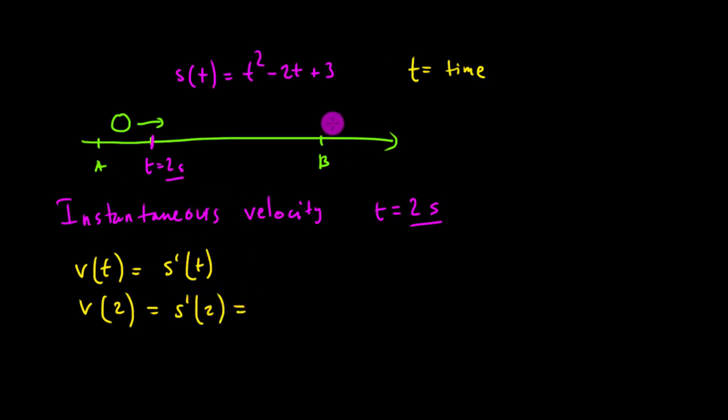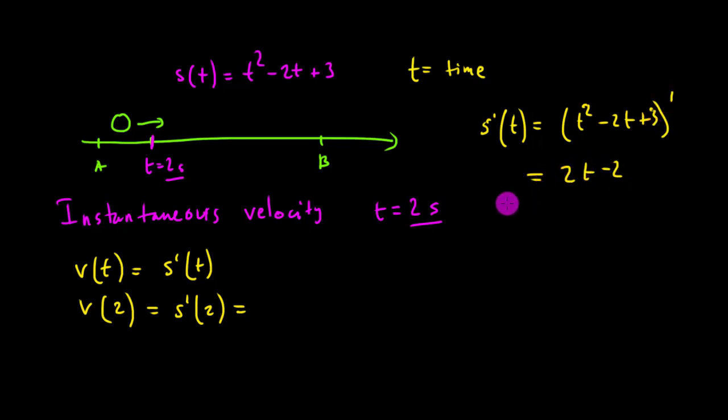The derivative of s(t) is 2t minus 2. So you put 2 instead of t, which is 2 times 2 minus 2. So it will be just 2 meters per second.